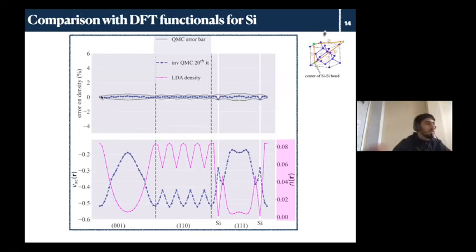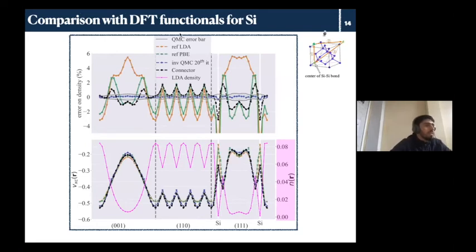Now, in order to compare with DFT functionals, we add LDA, PB, and connector. The nice thing here is that we see a proportional rule: the functional that describes the target well is the one that gives the best density. For silicon, it was the connector.